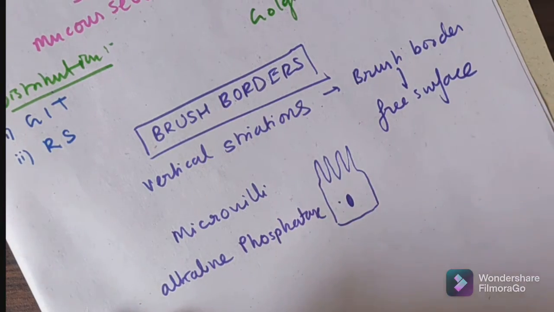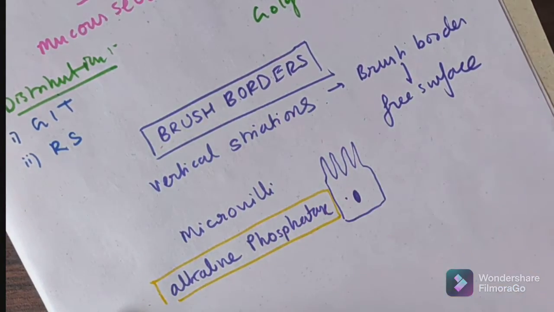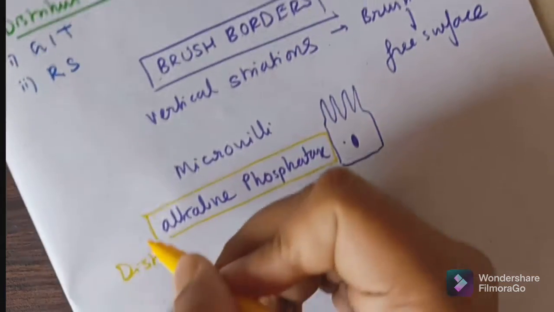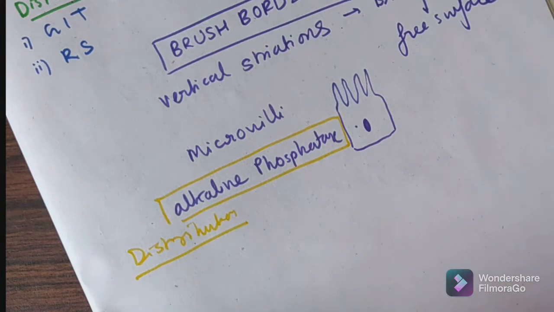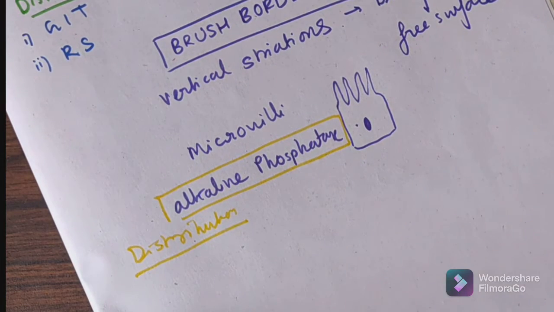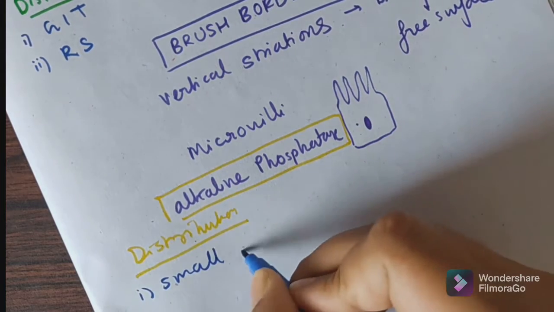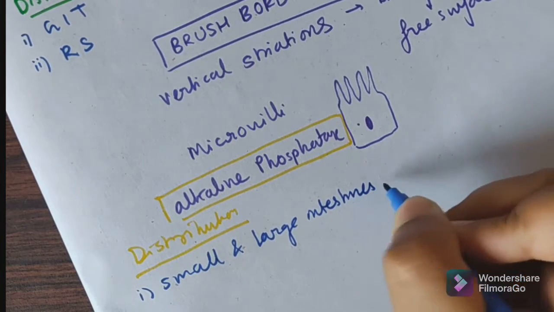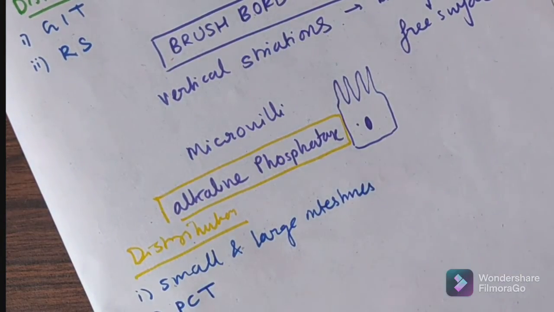Now when we come to distribution, they are found in the small and large intestines, and in the PCT of nephrons.